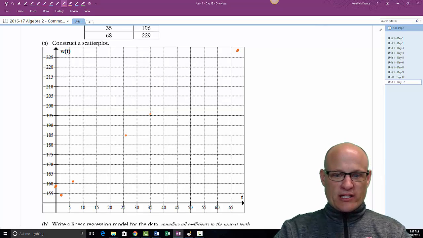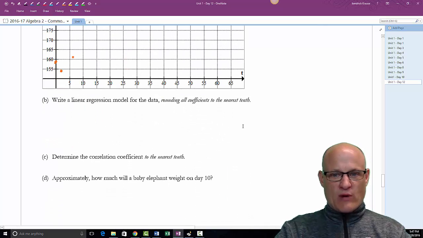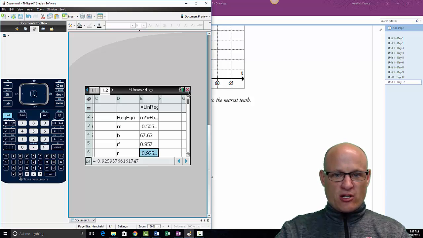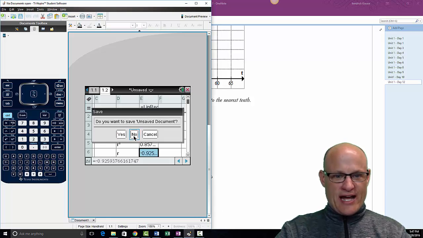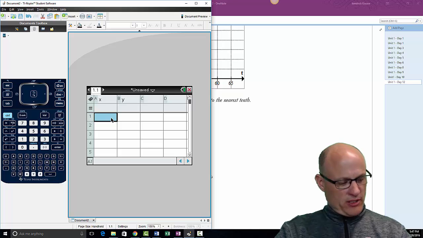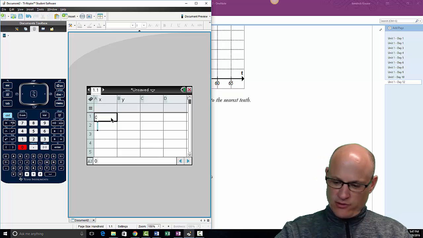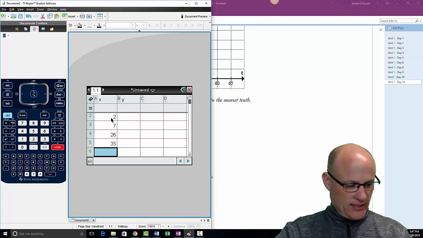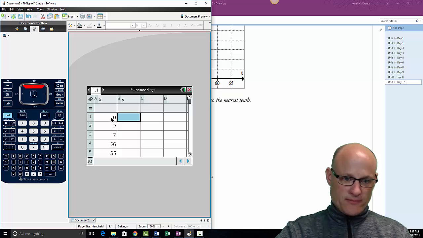All right, so it wants us to write a linear regression model, and round to the nearest tenth. So let's get that data in. Now make sure that you close out of this and choose not to save it. And then we'll go back in. Call this X, call this Y, and we'll plug that data in. 0, 2, 7, 26, 35, and 68. 6 data points.